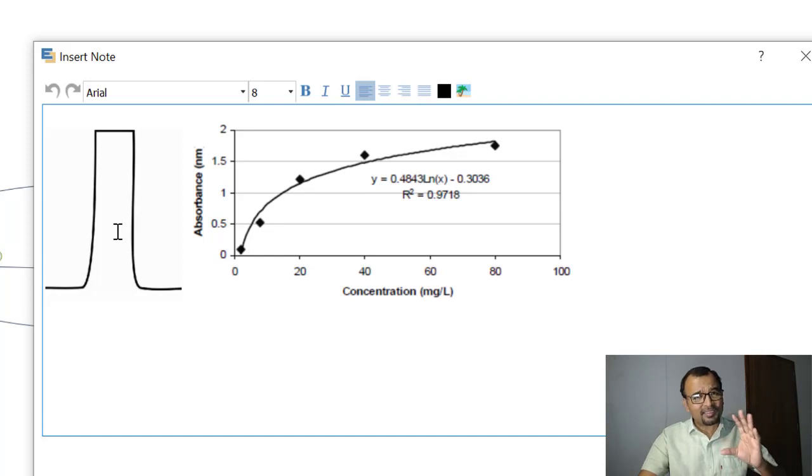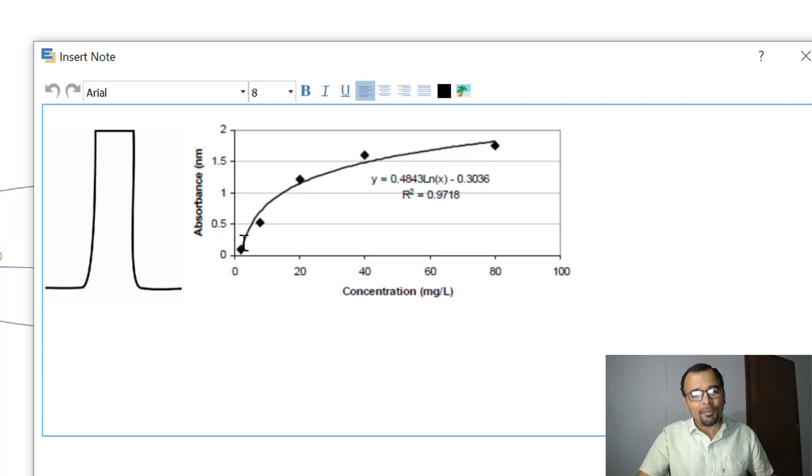Because of this saturation, because the detector response is not linear at the high concentration, you will see the graph of concentration versus absorbance or the response is non-linear, right? If you look at this particular graph, you will find that up to certain points the response is found to be linear.